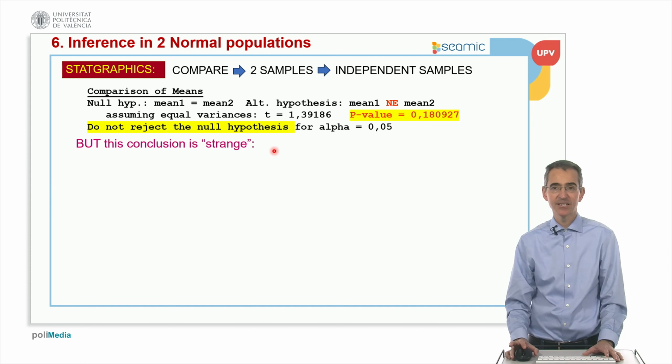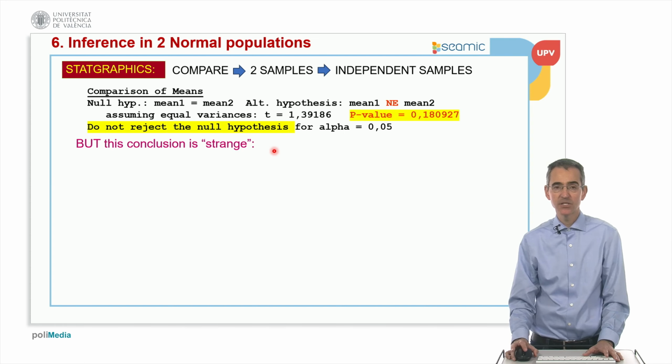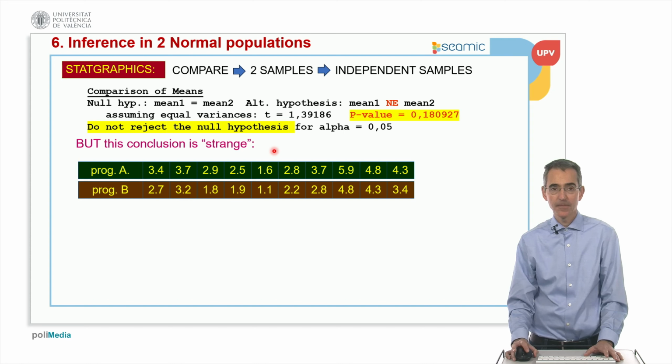But if we think carefully, this conclusion is a bit strange. Why? The conclusion is that we cannot reject that the means are equal.